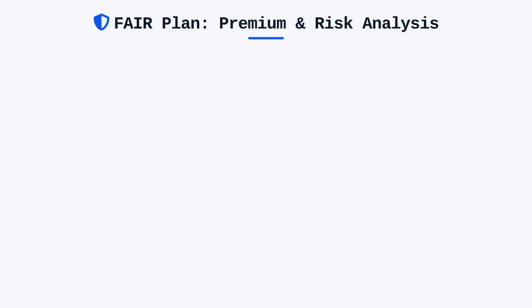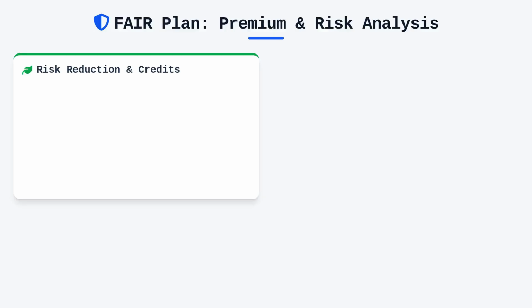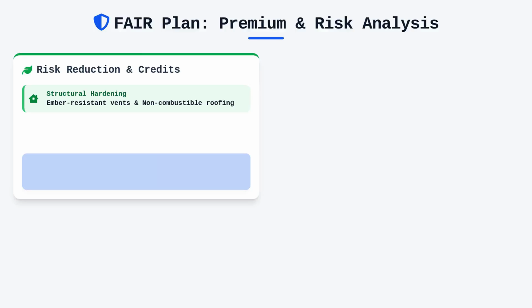Premium calculations within the Fair Plan are heavily influenced by the physical risk characteristics of the property, particularly its proximity to hazardous wildland areas, to incentivize risk reduction and stabilize escalating premiums. The framework integrates wildfire hardening discounts for properties that implement documented safety measures.